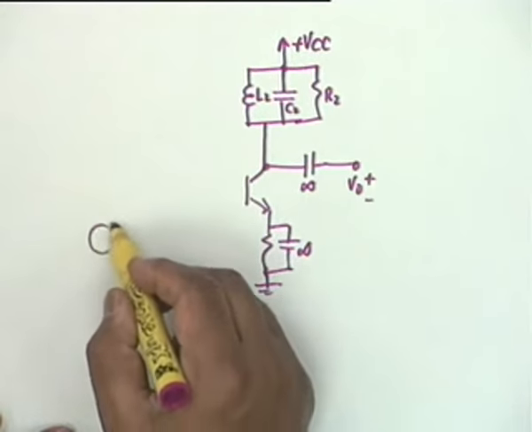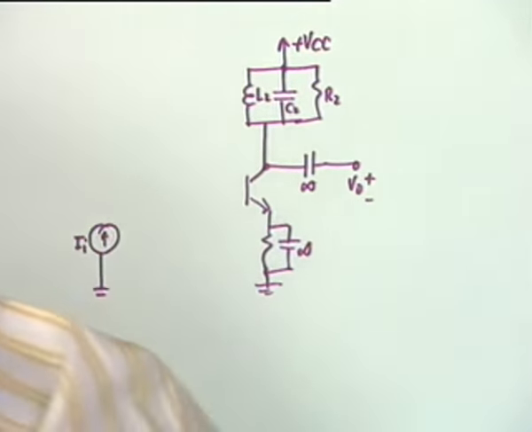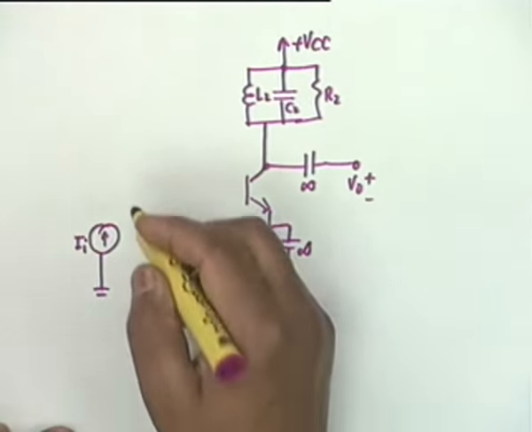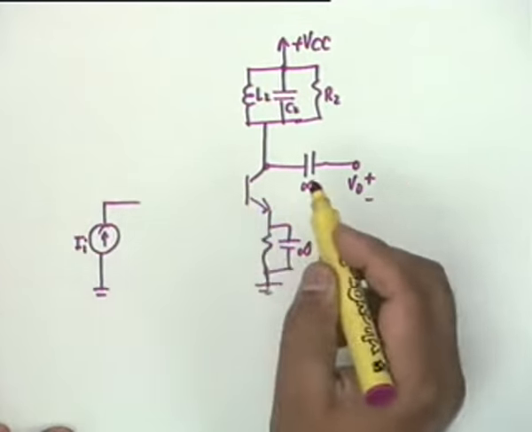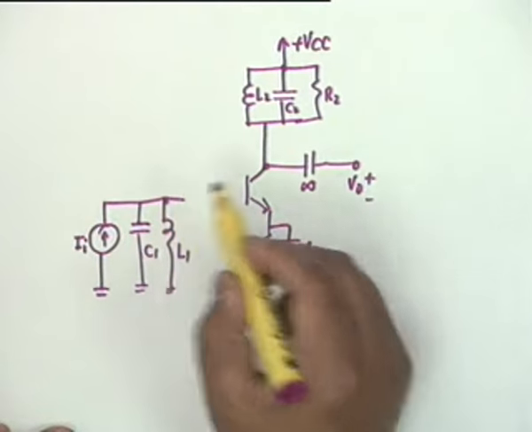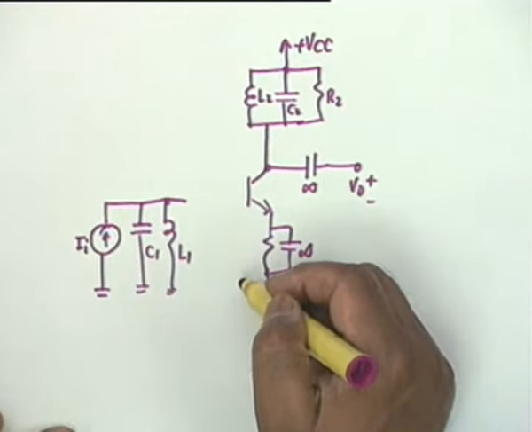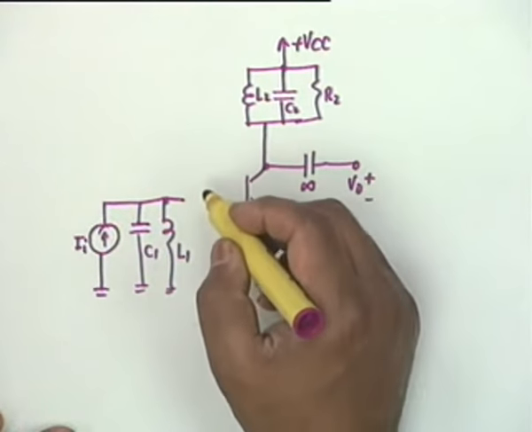At the input, let us look at it as a current amplifier, that is the GMVI perhaps of the previous stage. At the input we use a parallel circuit C1 L1. I do not use a resistance, that resistance will inevitably come from this circuit.